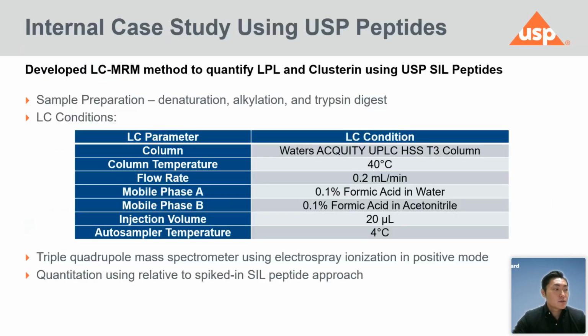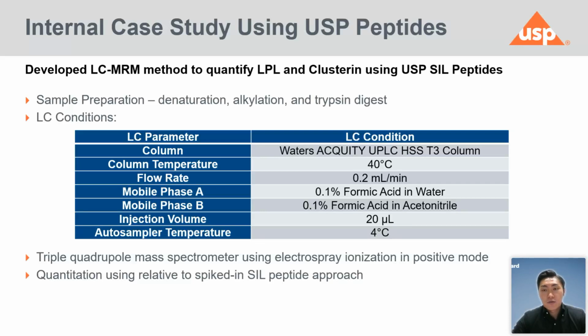We also developed our own internal case study using USP peptides. This is a developed LC-MRM method to quantify both LPL and clusterin using USP labeled peptides. The sample preparation was a pretty standard denaturation, alkylation, and trypsin digest. Below you can find the LC parameters.